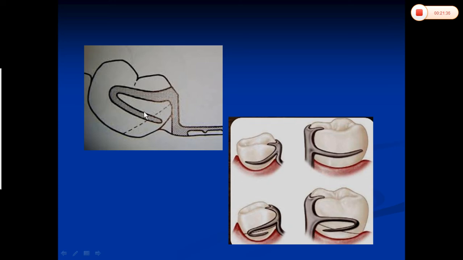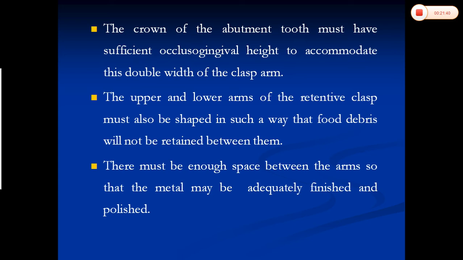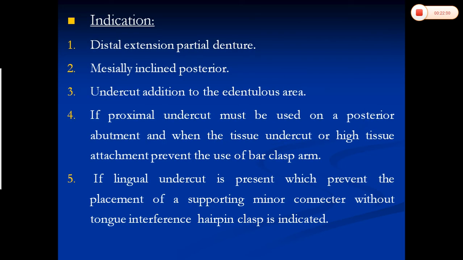So they have to be positioned such that the patient can maintain hygiene properly and clean the food debris. There must be enough space between the arms so that the metal may be adequately finished and polished. If there is enough clearance between the two retentive arms, they can be easily finished and polished.